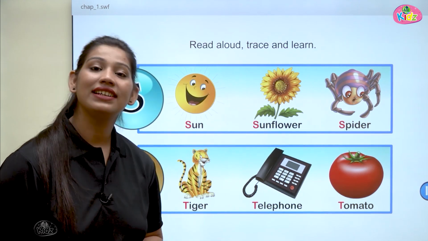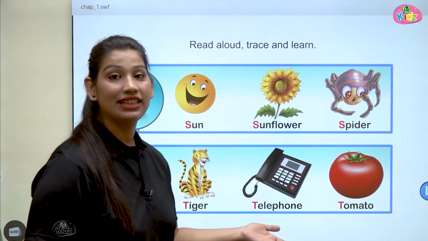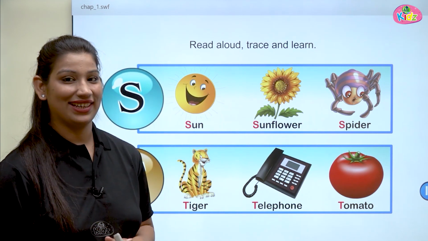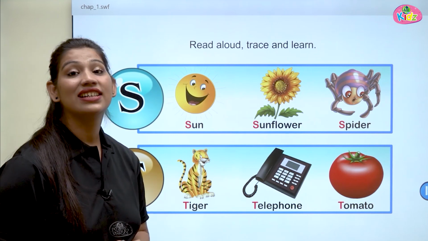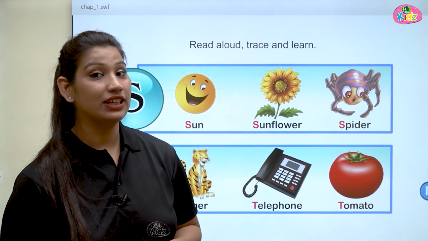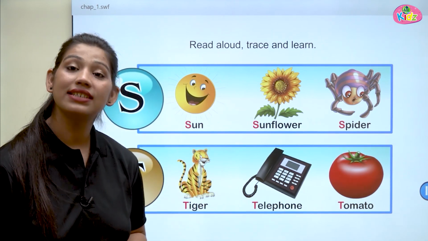T, telephone. T, tomato. Tomato is in bright red color. This is a wild animal named tiger, which starts with letter T.